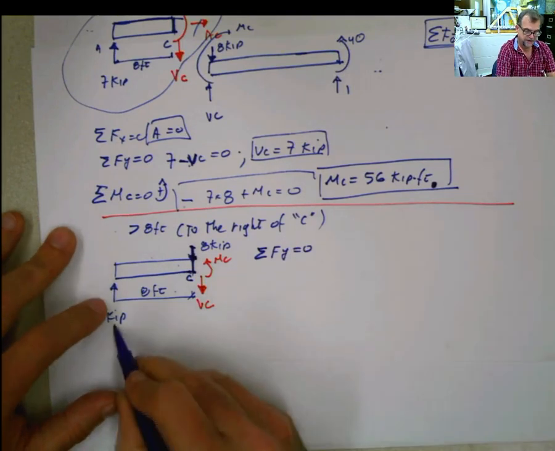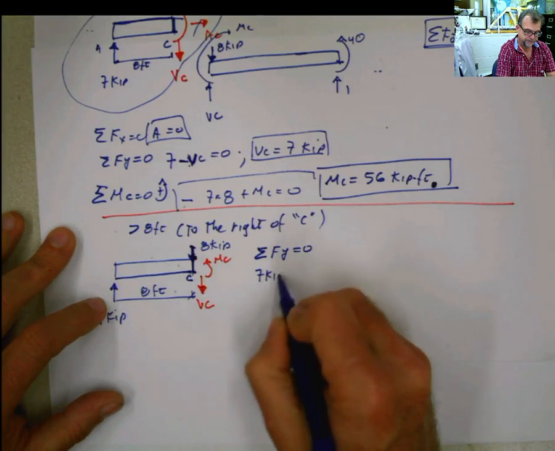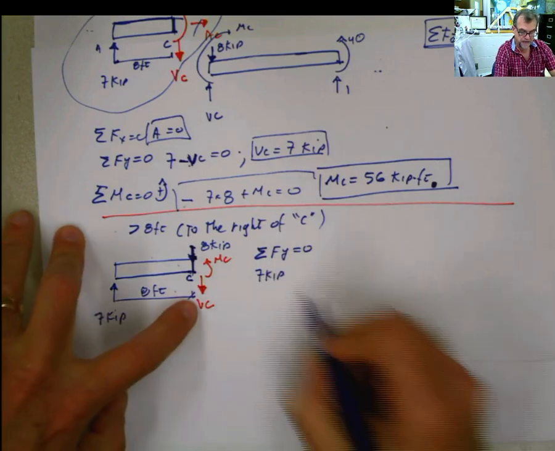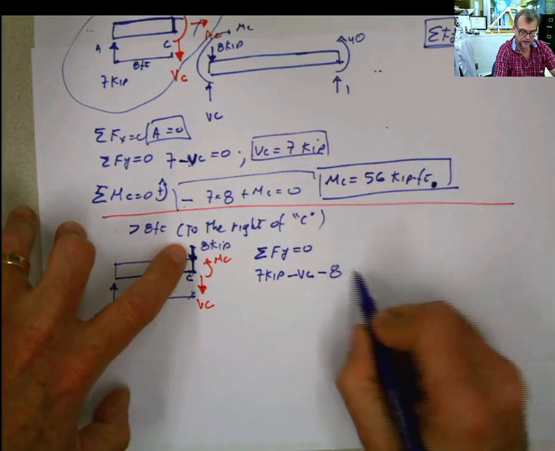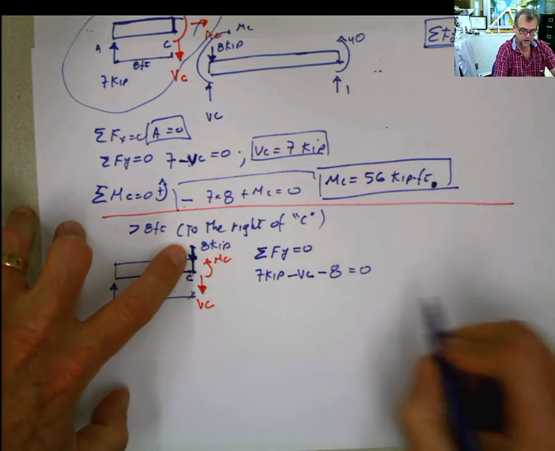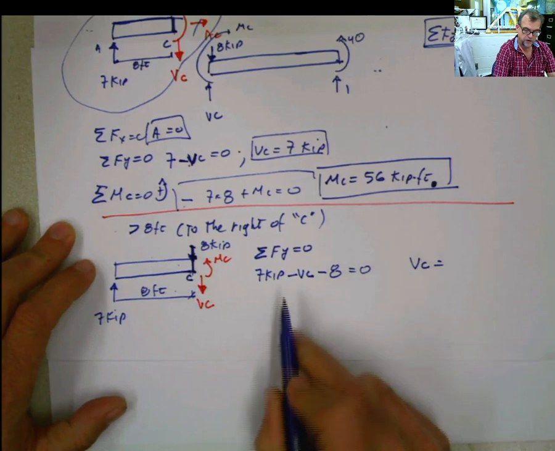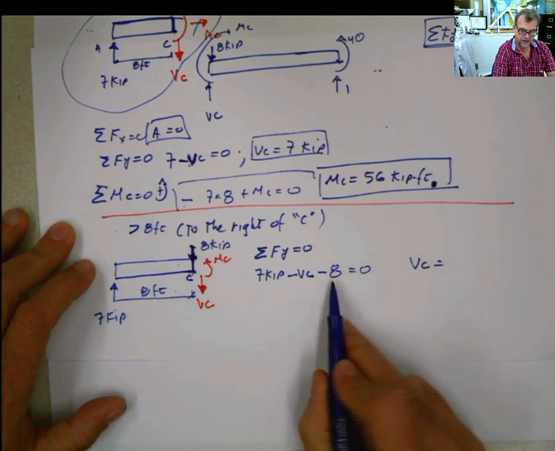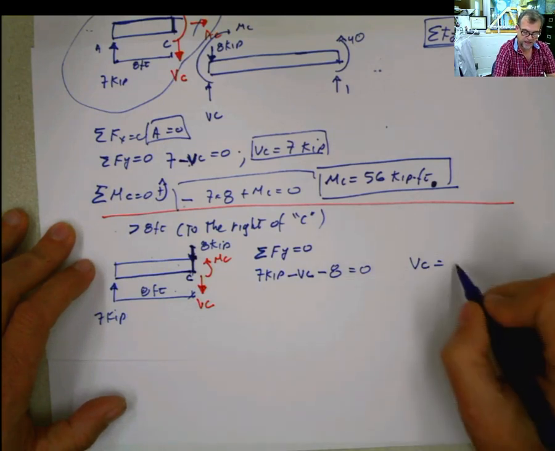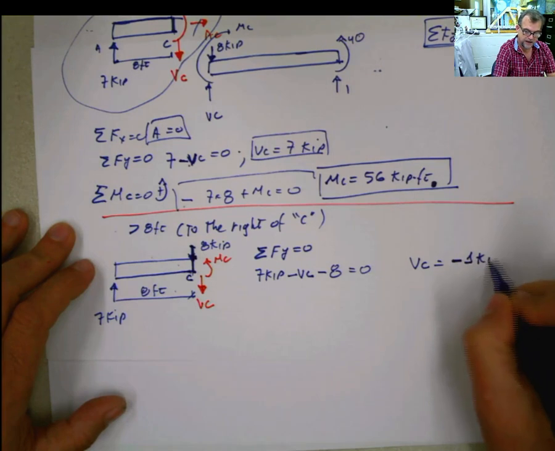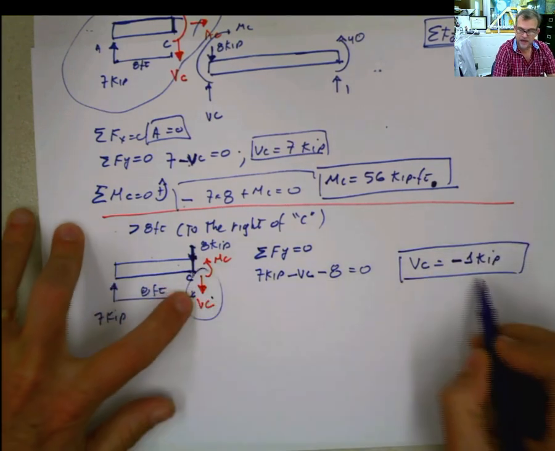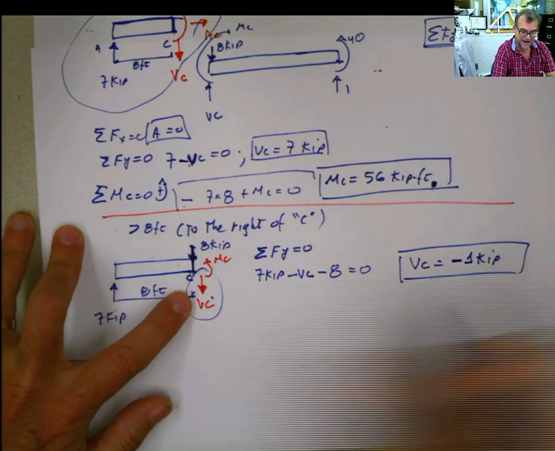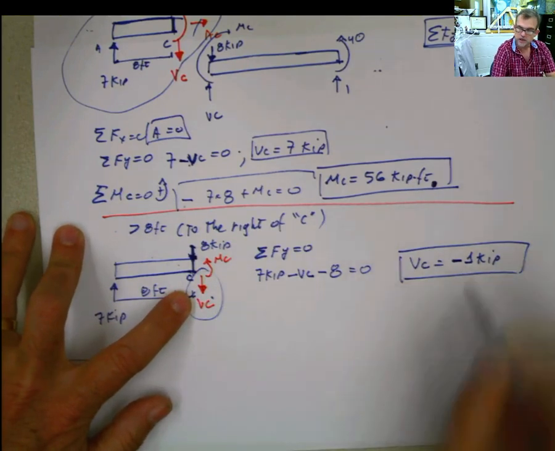You have 7 kip minus VC minus 8 equals 0. That means that VC is going to be 7 minus 8, which is negative 1 kip. You see, I put it in the positive direction and I got a negative sign. That means that after that point, the shear force is going to be negative.